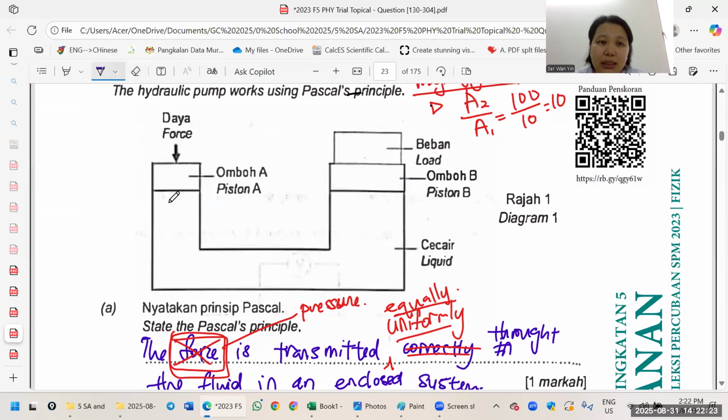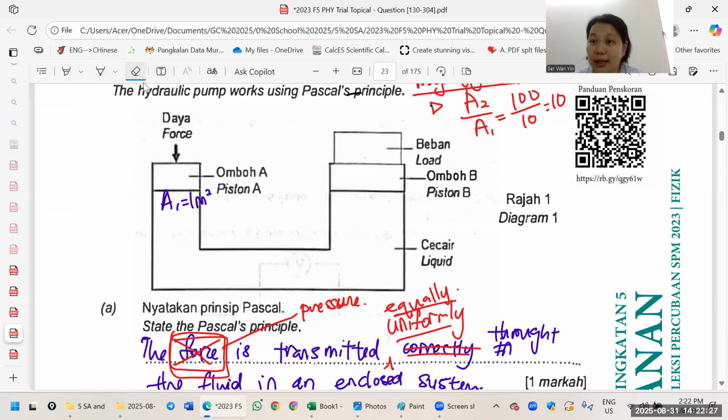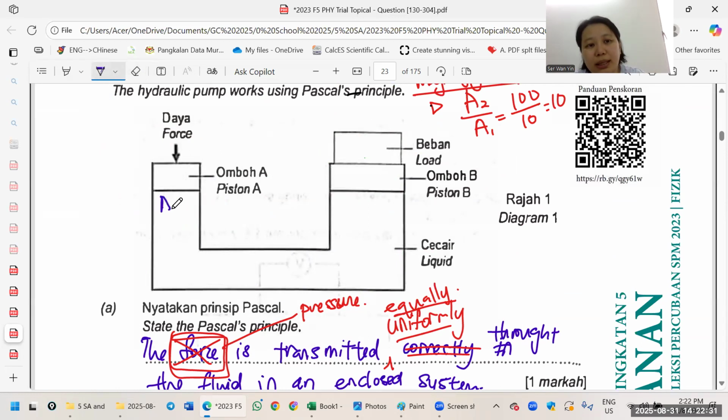Let's say this one, A1 equals to 100 centimeters squared. A2 equals to 10 meters squared.